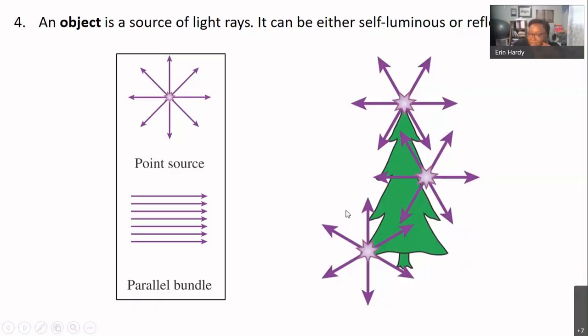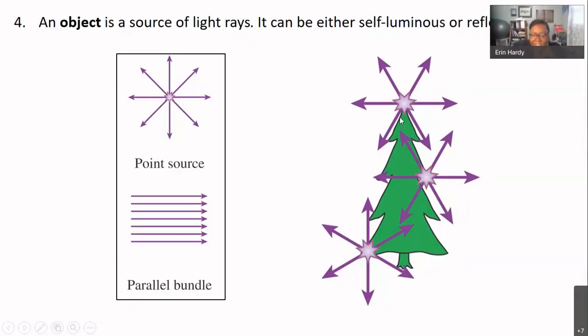So in other words, the tree is not producing its own light, but when it interacts with sunlight, it's going to do so in a manner that's going to cause light rays to move outward in all directions. So we're specifically here not talking about transmission, the light's not passing through the tree, but for the stuff that's undergoing some combination of reflection and scattering, we can assume that these light rays are going to go outward in all directions.